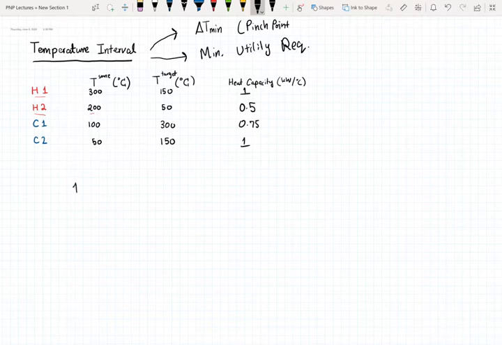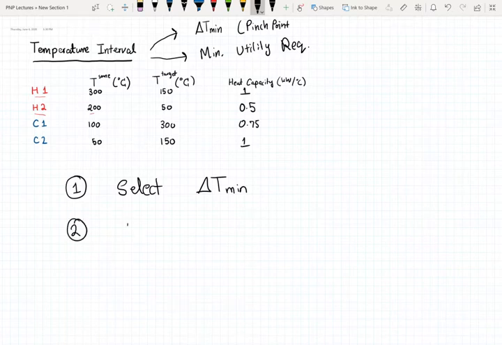So the first step in a temperature interval method for pinch analysis is selecting your minimum approach temperature. Once you have selected the minimum approach temperature, you have to adjust your stream temperatures.